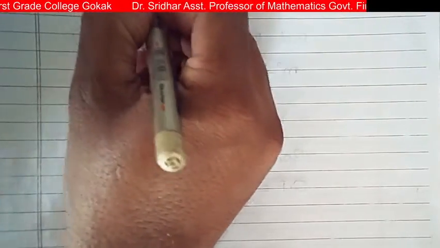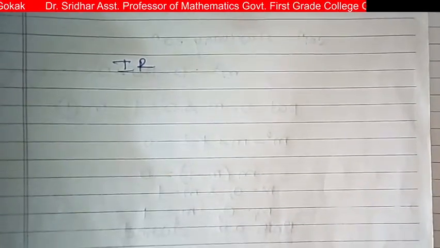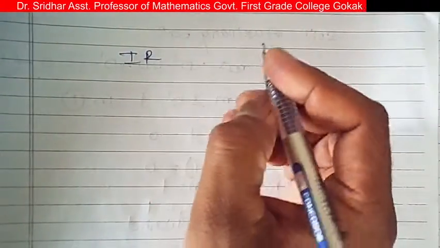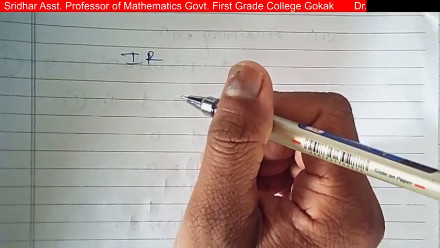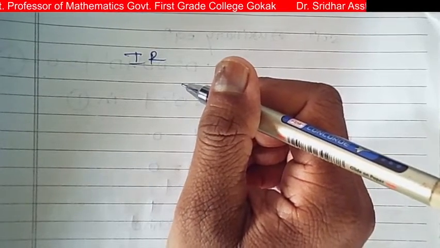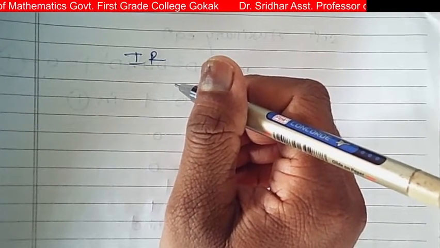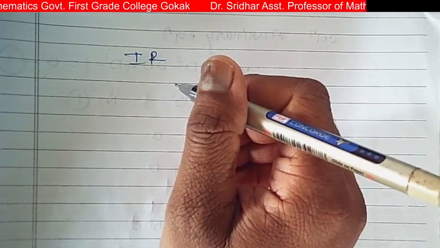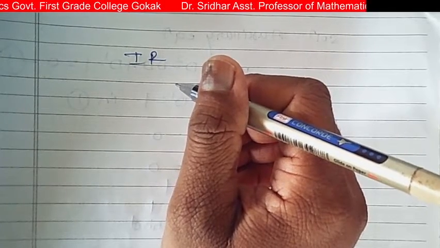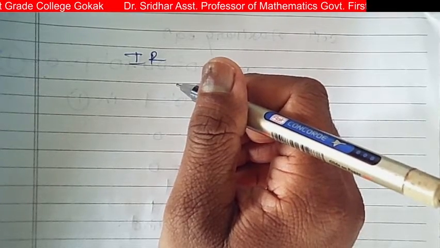The first rule is, if the two roots are real and distinct, then we write the solution as e raised to m1x into bracket f1 of y plus m1x, plus e raised to m2x into f2 of y plus m2x.